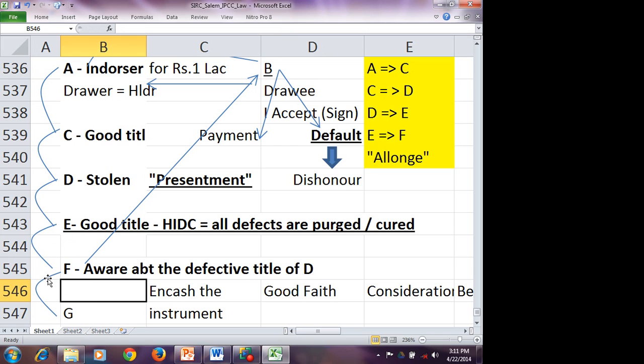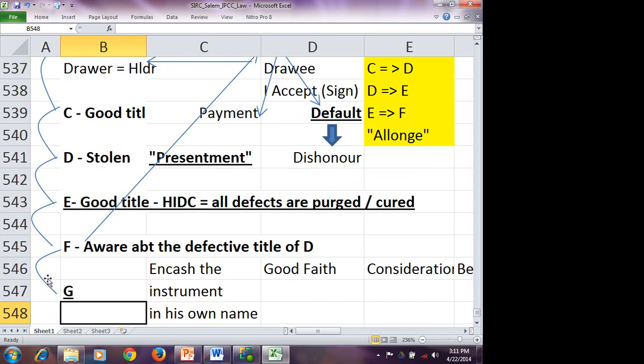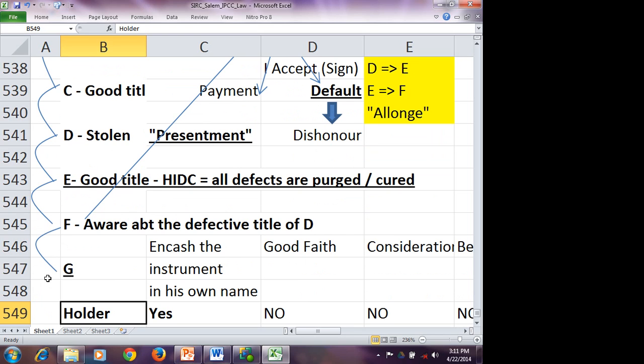He can only be a holder for value, because he receives the instrument after maturity. The instrument can be transferred even after maturity, but then the holder will not be a holder in due course. Get the point? He will be a holder for value, not a holder in due course.